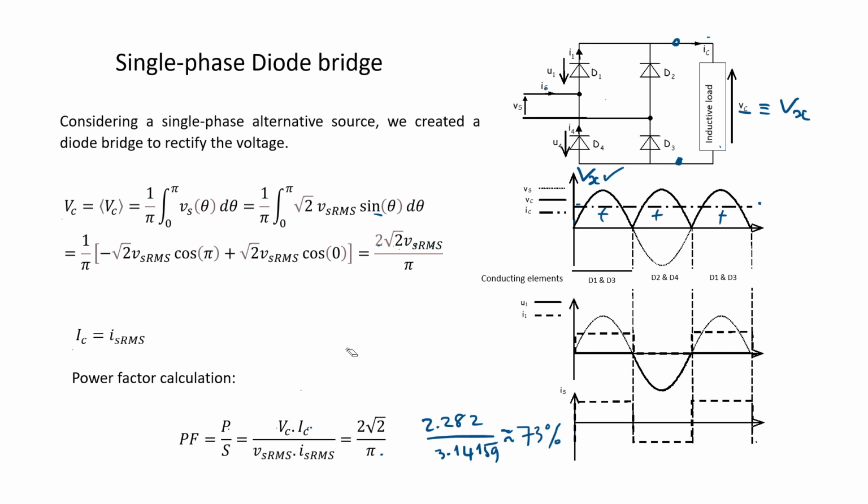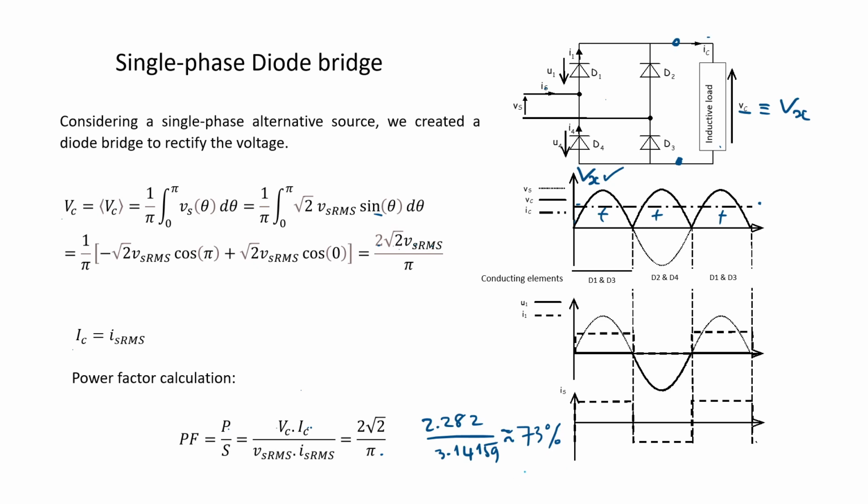So here I don't explain the detail because you already learned the process of how to find power factor. So here you can just notice that the power factor of a rectifier is only 73%, for full wave rectifier.